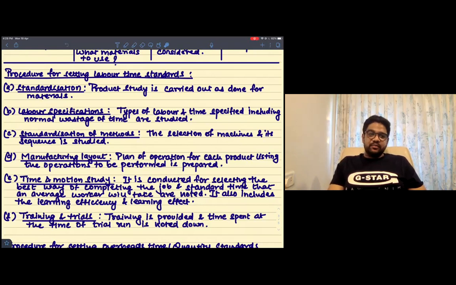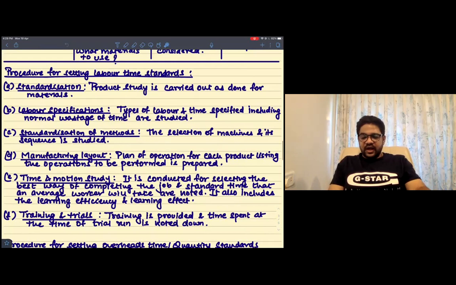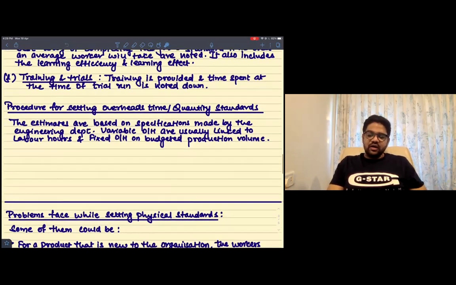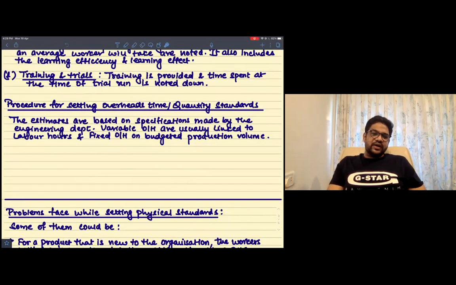Then you will do the time and motion study, and finally the training and trials. Okay, and the procedure for overhead time and quantity setting is pretty much the same. Your engineering department does it again, and they are usually based on labor hours. So again, it is the same way as you do your labor time.